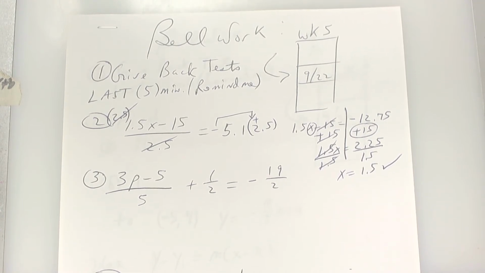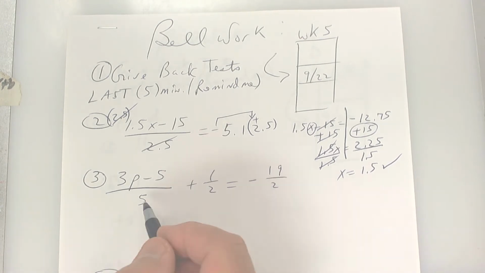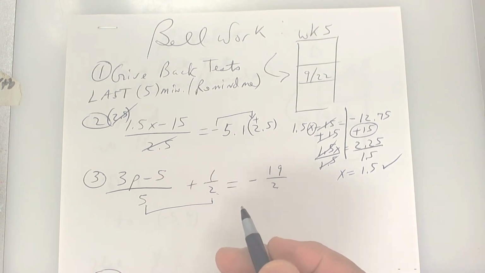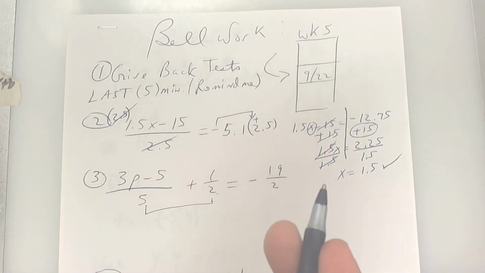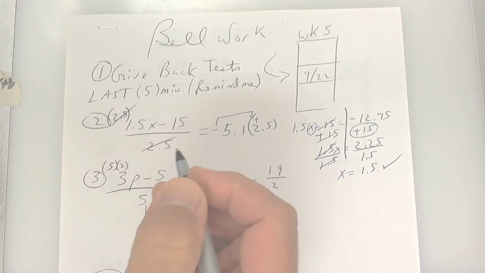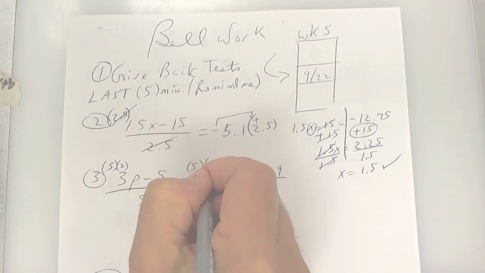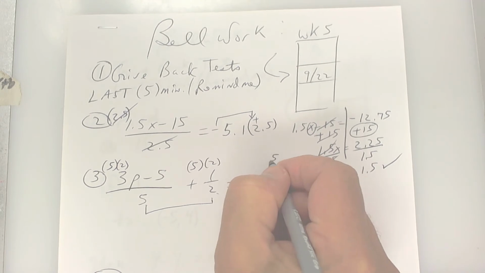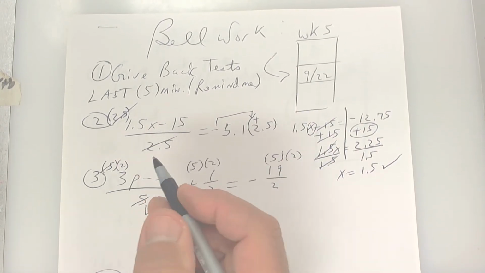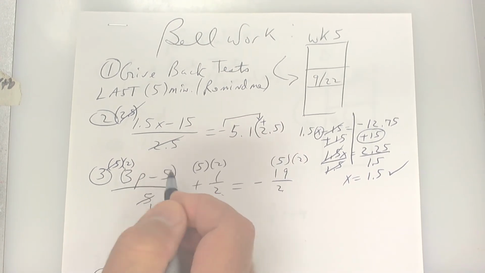This one you have some denominators. Now you could put the 5, the 2, and the 2, or you could just put the 5 and the 2, which is 10. So I would go ahead and multiply this one by 5 times 2, this one by 5 times 2, and this one by 5 times 2. And what happens is the 5's cancel. So it's going to be 2 times all of this.